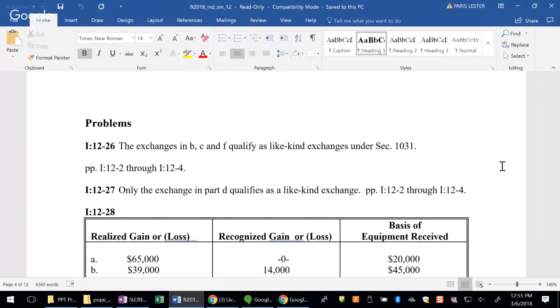All right, now, the next one, we're getting 65 plus 25, which is 90. So how much of a gain did we have there, Robert? 60,000. 25,000 is taxable, okay? Now we receive 60 plus 38. That would be 98.